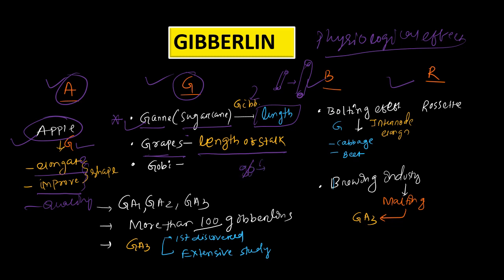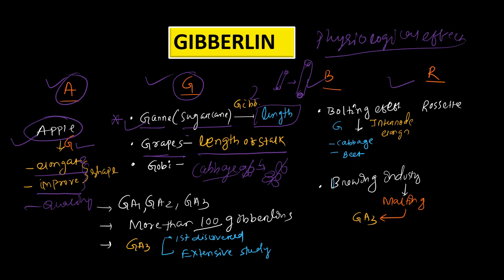If we spray gibberellin, the length of the stalk increases so that the grapes get space. If there is space, they grow more. It is also found in cabbage. If you spray gibberellin on cabbage, the cabbage growth also increases.